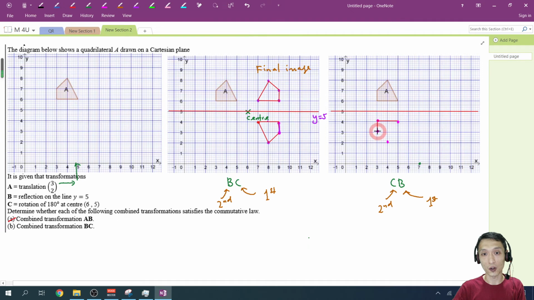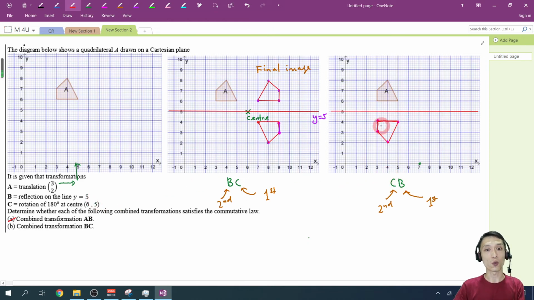Let me connect all these points together first. I should draw it more accurately over here. So this is the image of object A under this transformation B, refraction.